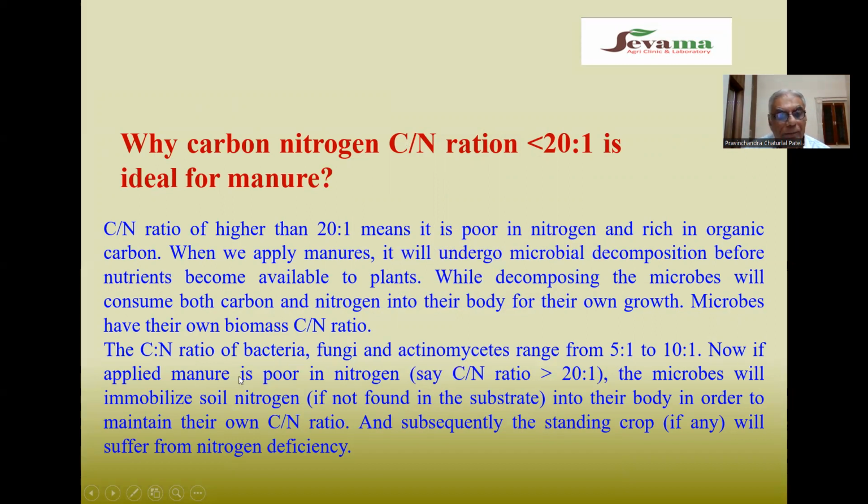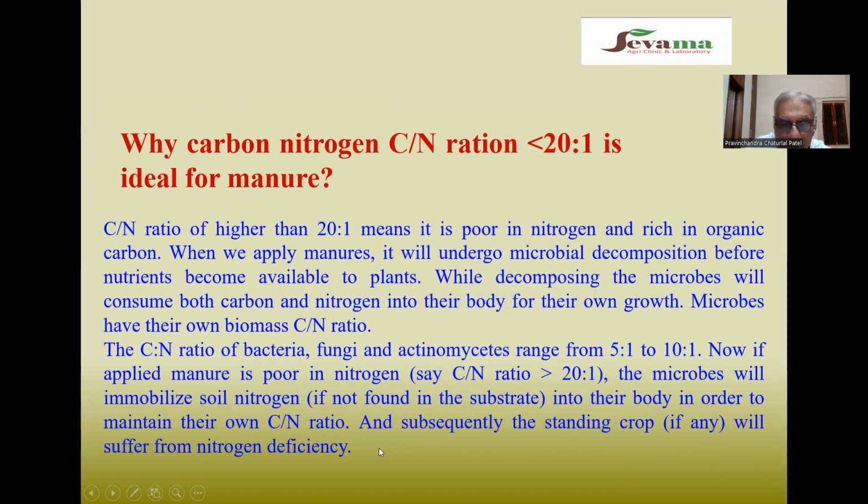Now, if the applied manure is poor in nitrogen, say a CN ratio greater than 20:1, the microbes will immobilize soil nitrogen if it is not found in the substrate, into their body in order to maintain their own CN ratio, and subsequently the standing crop, if any, will suffer from nitrogen deficiency.